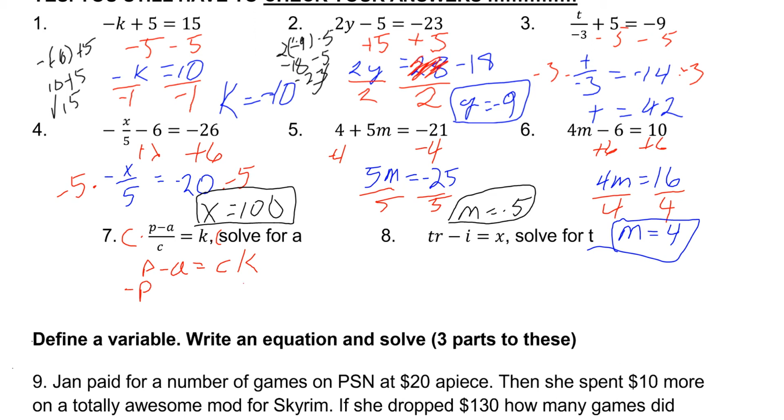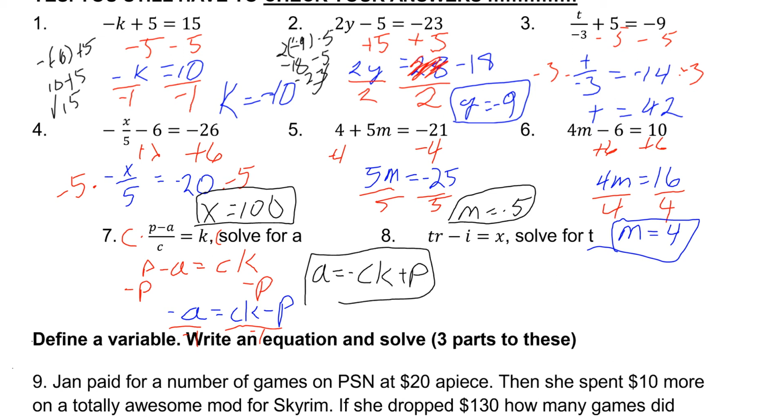So that's going to be negative A equals CK minus P. Now, as we know, we have to divide by negative 1 to get rid of that negative sign attached to the A, and that's going to leave us with A equaling negative CK plus P. And that's it. Seems complicated, but it's not as bad as you really think. Promise. Just watch it a couple more times, and hopefully you can pick it up.